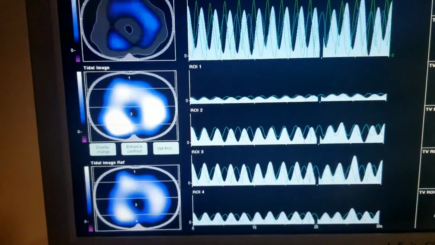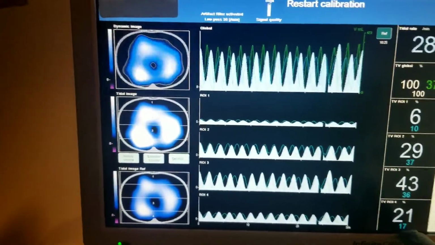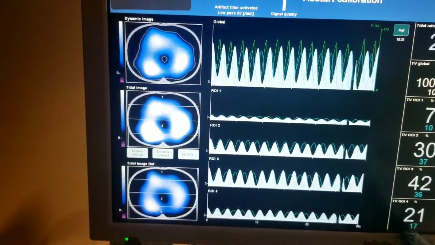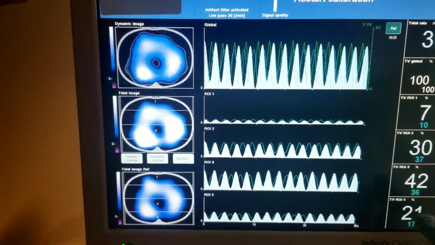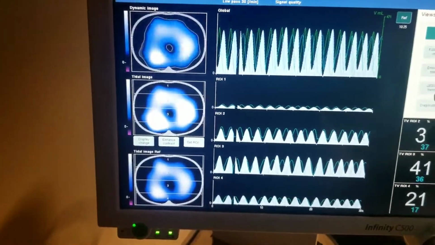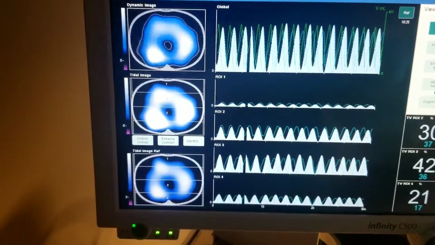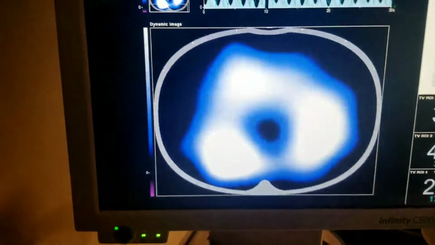Going to wait a little bit longer. So this was a reference of 10. That was 17% dorsal distribution, and now we have 21%, so we'll keep an eye on that. Better distribution at the dorsal region slightly.